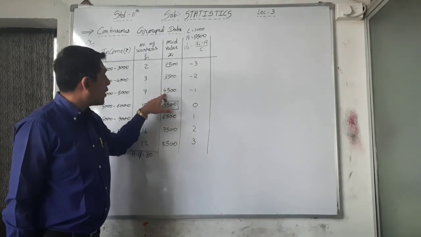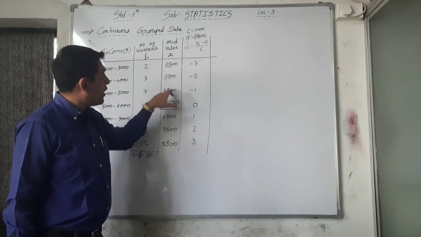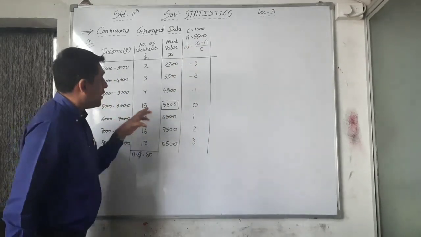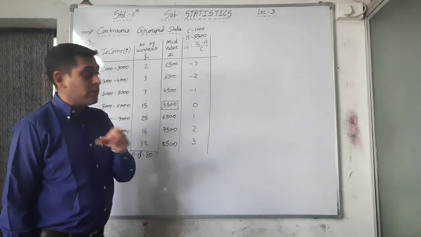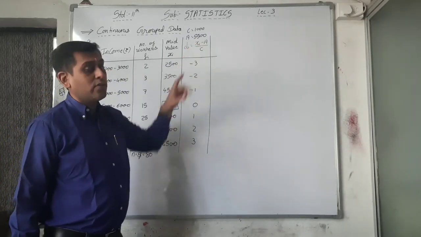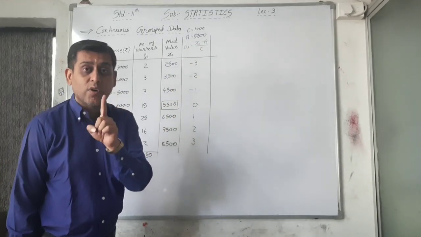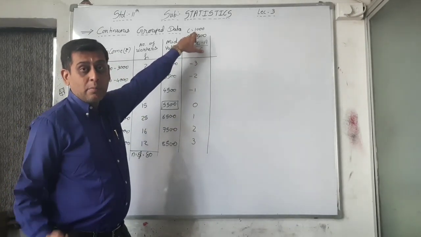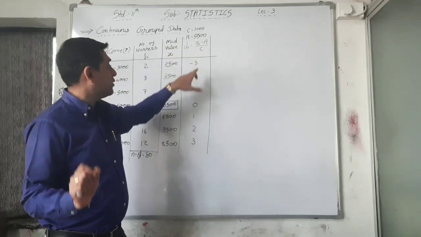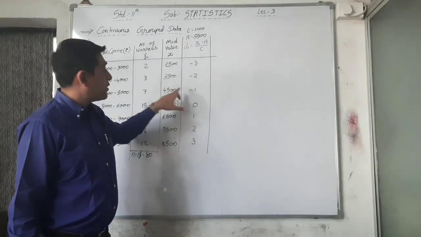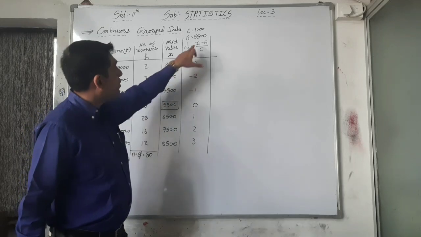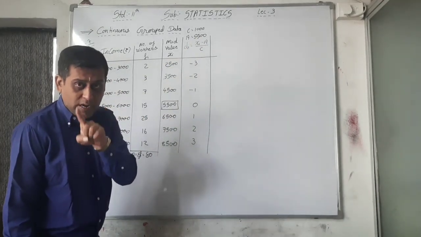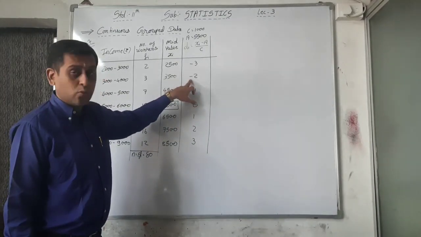Okay. Now see, calculate here 4,500 minus 5,500, in your calculator, calculate this. It is minus 1,000 divided by C, that is 1,000. Minus 1,000 divided by 1,000, that is minus 1. See here, 3,500 minus 5,500, that is minus 2,000 divided by 1,000, that is minus 2.